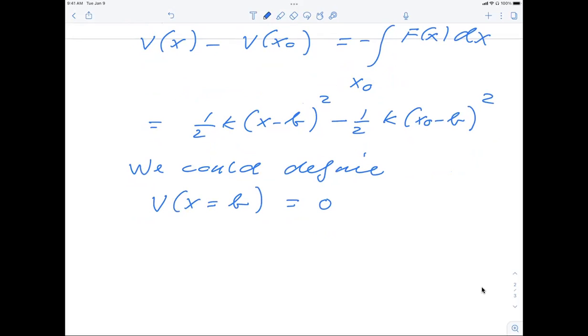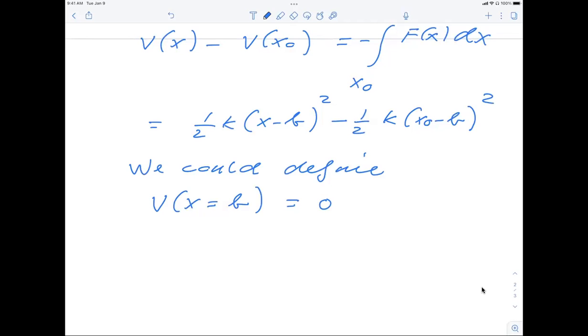So it's always a relative number which we calculate. It's the potential energy in a final position minus the potential energy in an initial position. So it's always related to something, and you are free then to scale the system by just adding a constant. So you could say that V when X is equal to B is equal to 0.